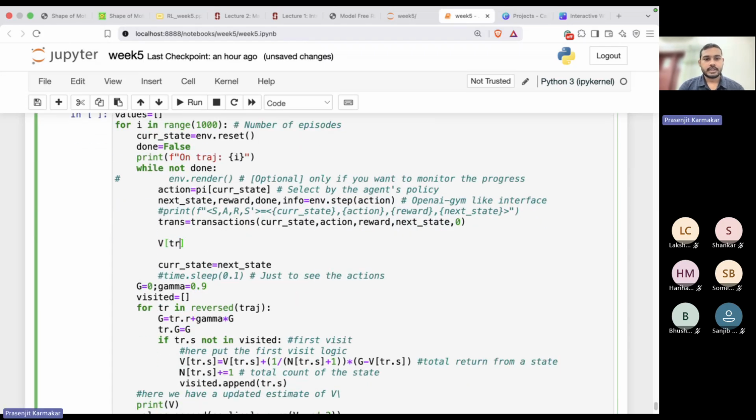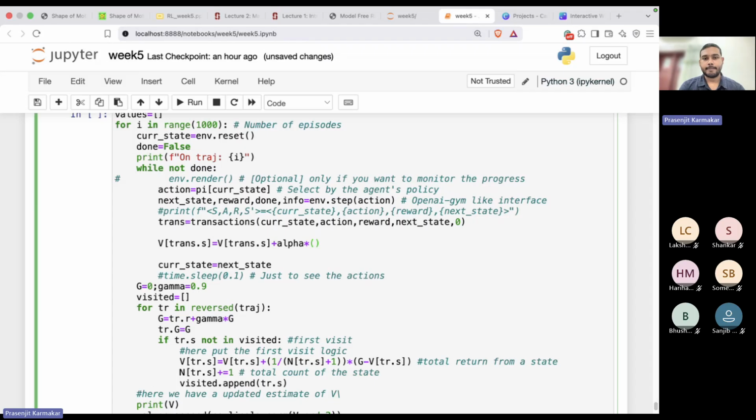Value of transition.s is equal to value of transition.s plus alpha times, what?